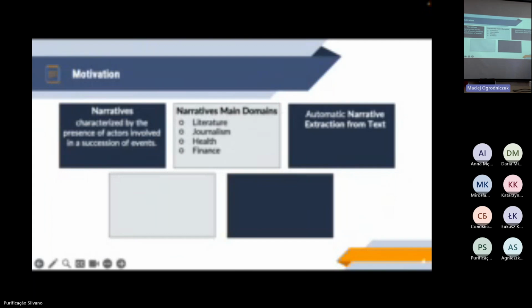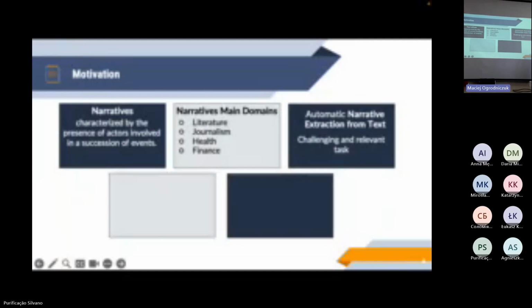to develop some automatic methods of extraction of all this information that can be relevant for different purposes in these domains. However, extracting information from these narratives is still a very challenging task. Of course, there are different steps to extracting information.